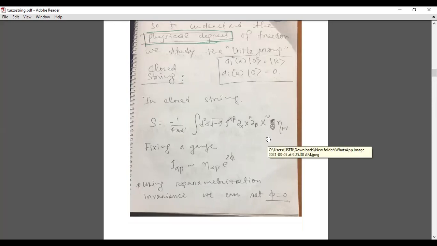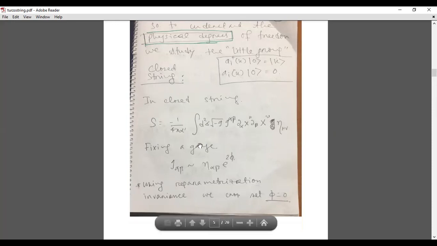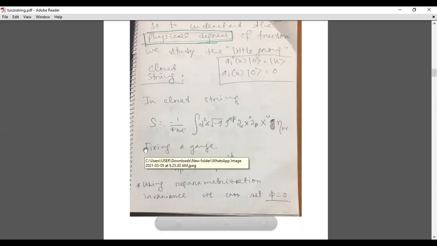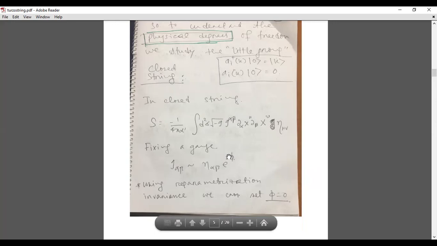Now, to solve it, you know that if you have a two-dimensional space-time, you can always write your metric in this way, because of conformal symmetry. Two-dimensional theory is conformal, and using that, you can always write your metric in this way. Now, using the reparameterization symmetry, you can also set phi to 0.